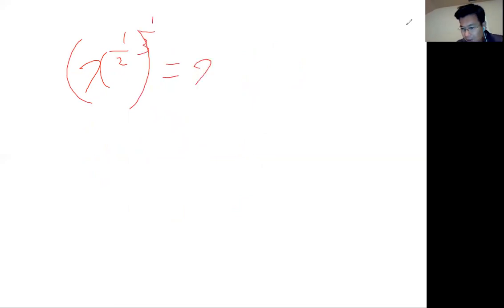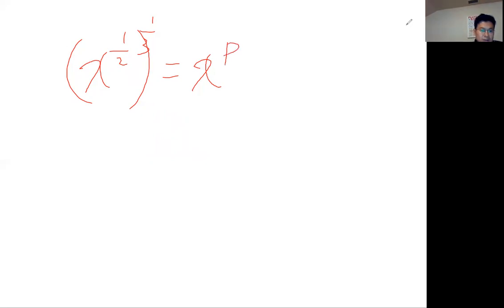Then the question on the bottom says x to the 1/2, to the 1/3 equals x to the p. It looks really blurry, but yes, it is p.